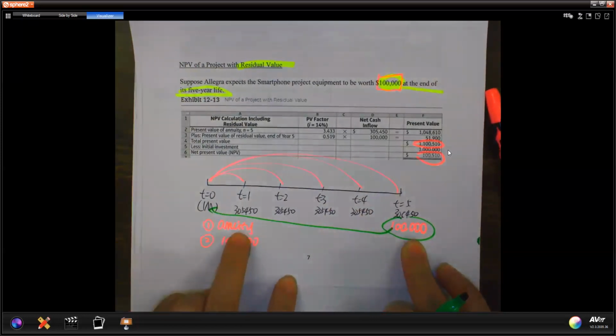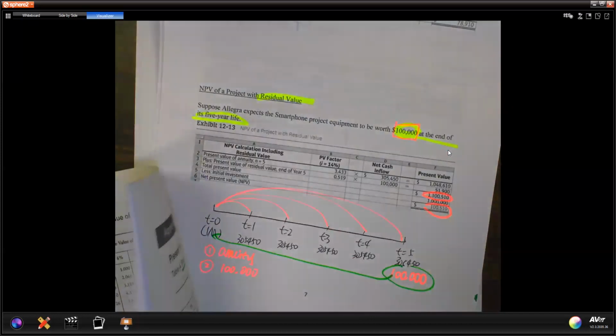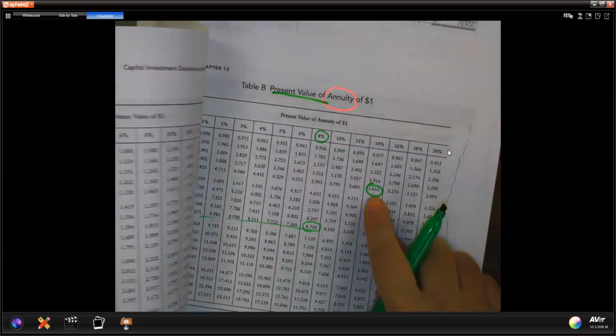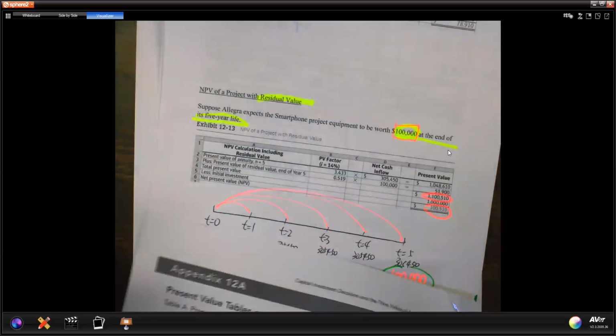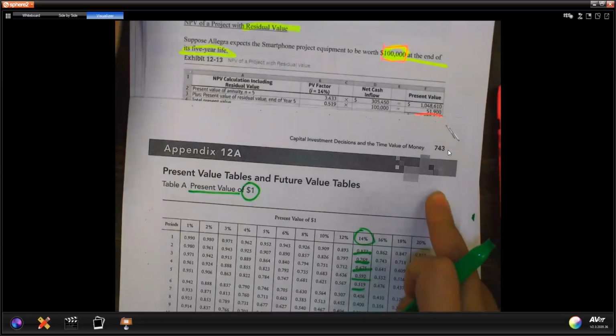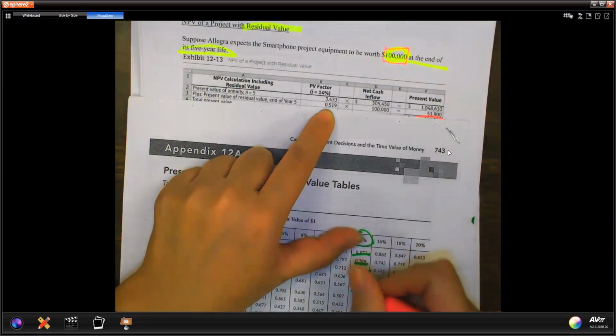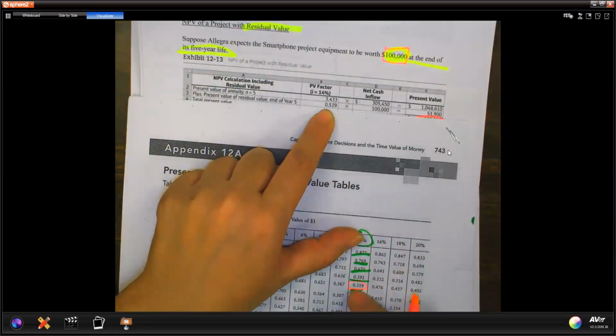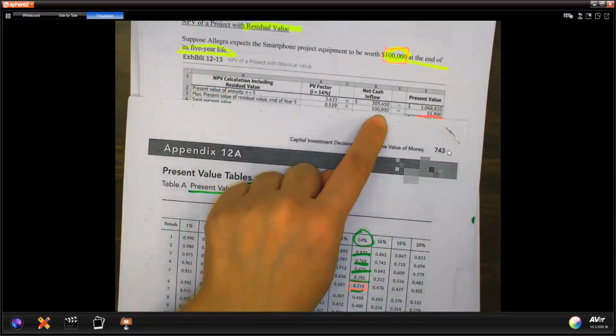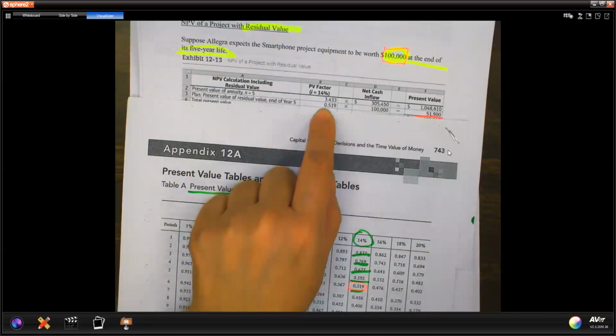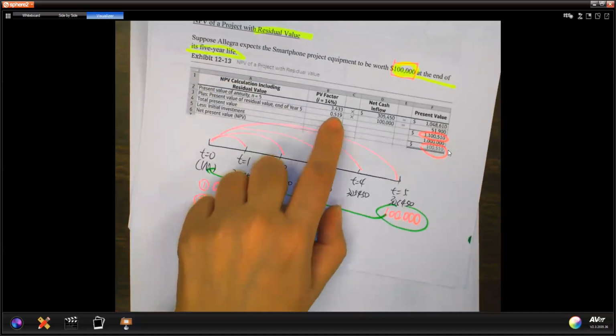For the annuity, we look at that, we found out the discount factor is 3.433. For the extra 100,000, at 14%, 5 years, the discount factor is 0.519. So you just discount that 100,000 by itself using table A with the discount factor.